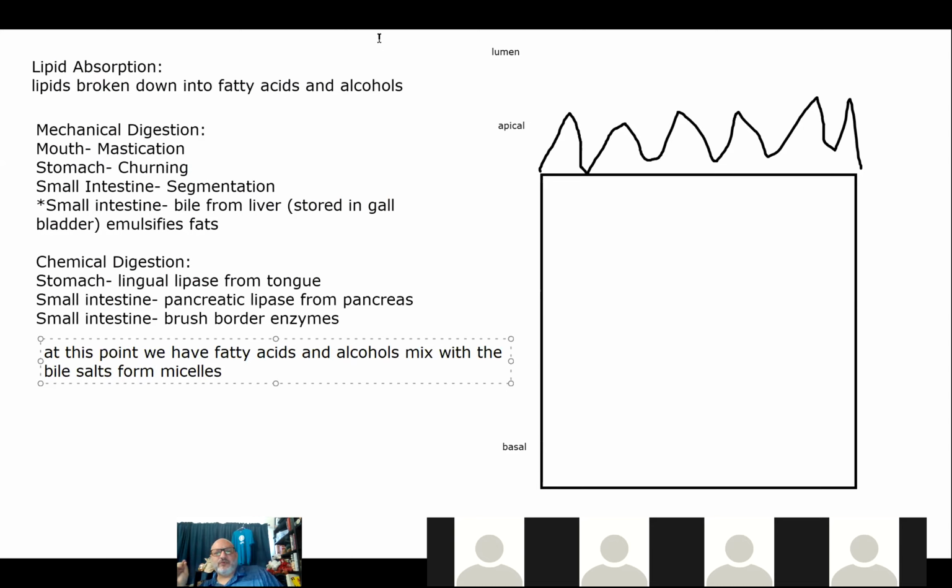So what happens is we get these little green globs of the bile salts. And in the center of it, just for the heck of it, let's put a little yellow to remind us that there's some fat in here too.